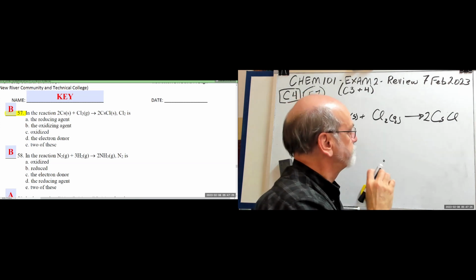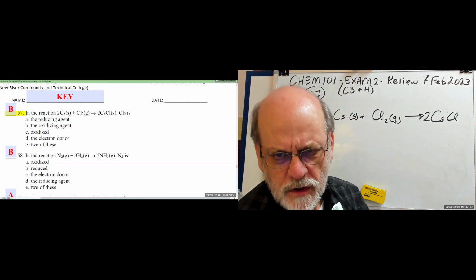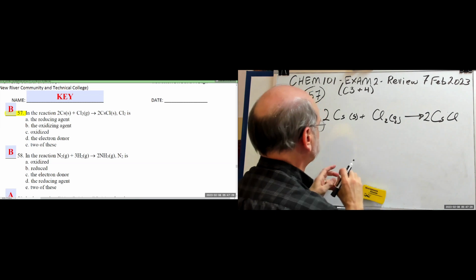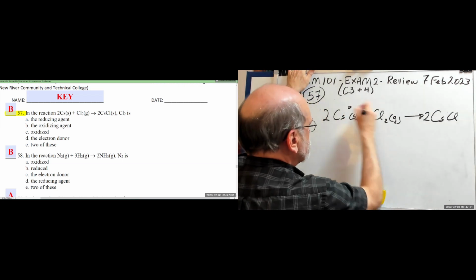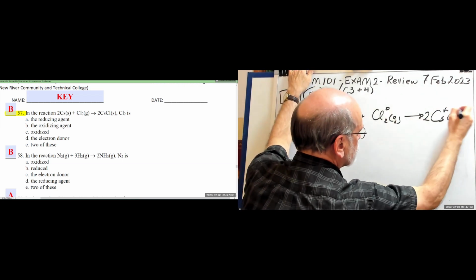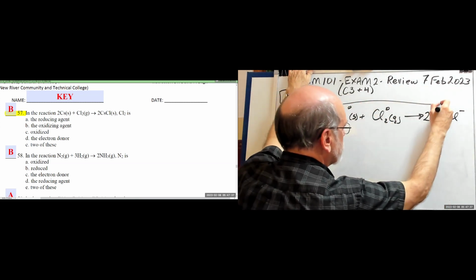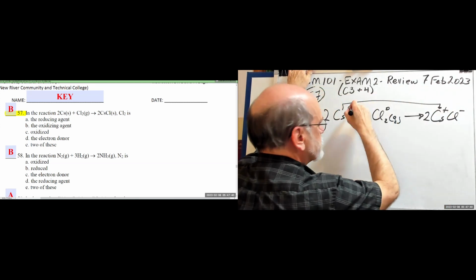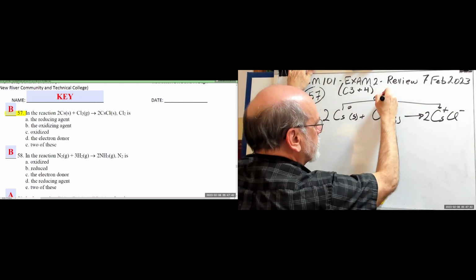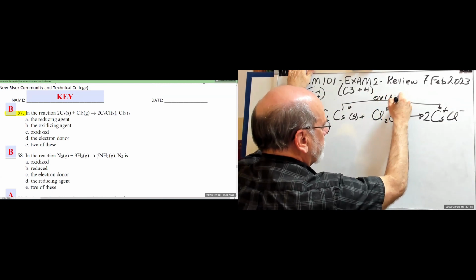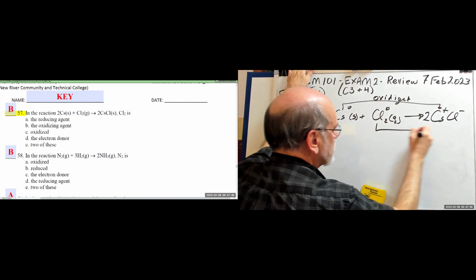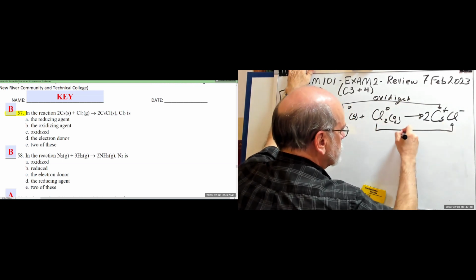Okay, so Cl2 is what? Well, let's see. These are zeros, zeros. This is +1, this is -1. So the cesium went from here to here. It was oxidized. That means the chlorine gas was reduced.